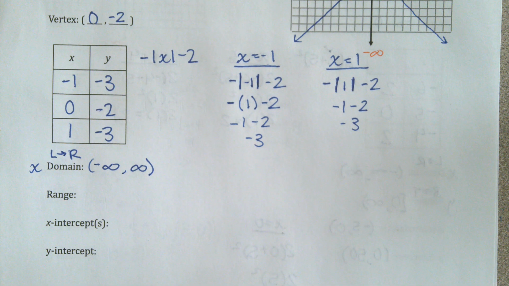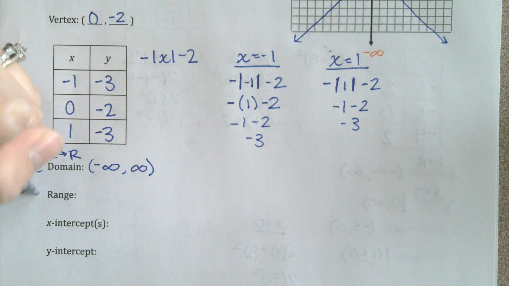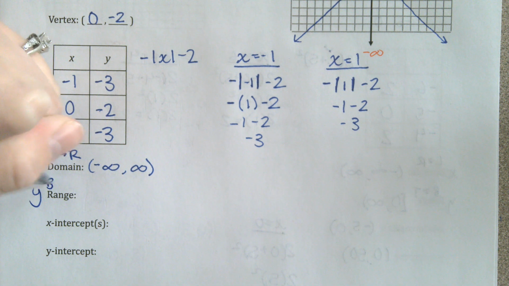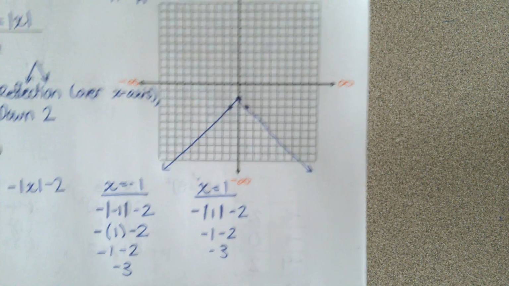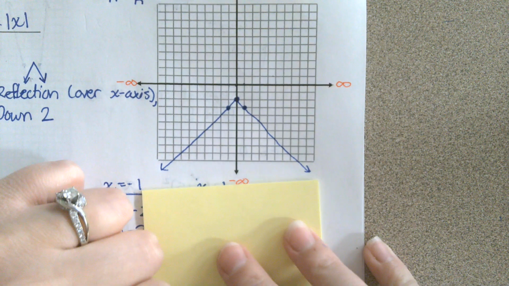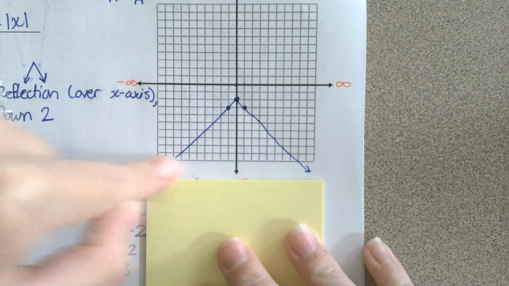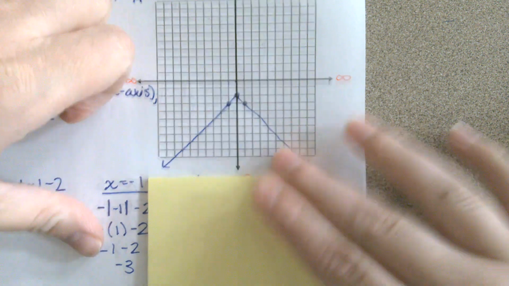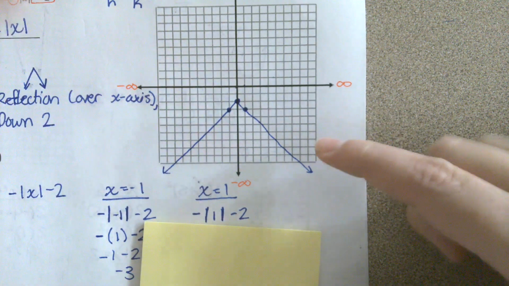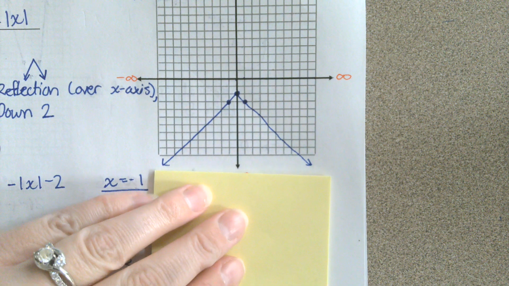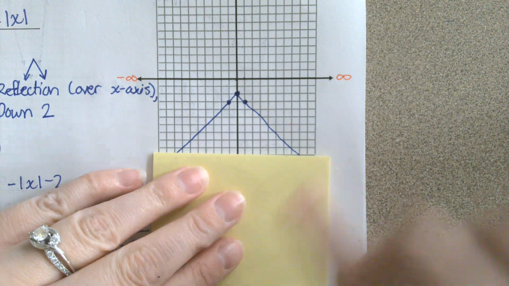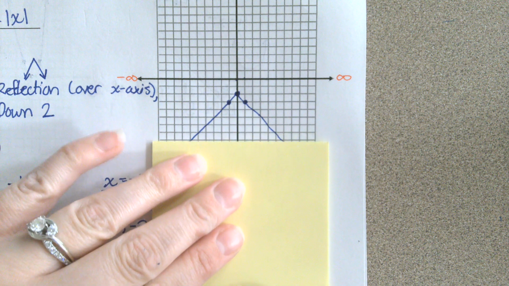Range is our y values. Move from bottom to top. This time we do start at the bottom and see arrows pointing back at us, meaning this graph starts much lower than what we're looking at. It starts all the way down at negative infinity. So keep note of that. Get onto the graph and we're hitting solid line, which is good.